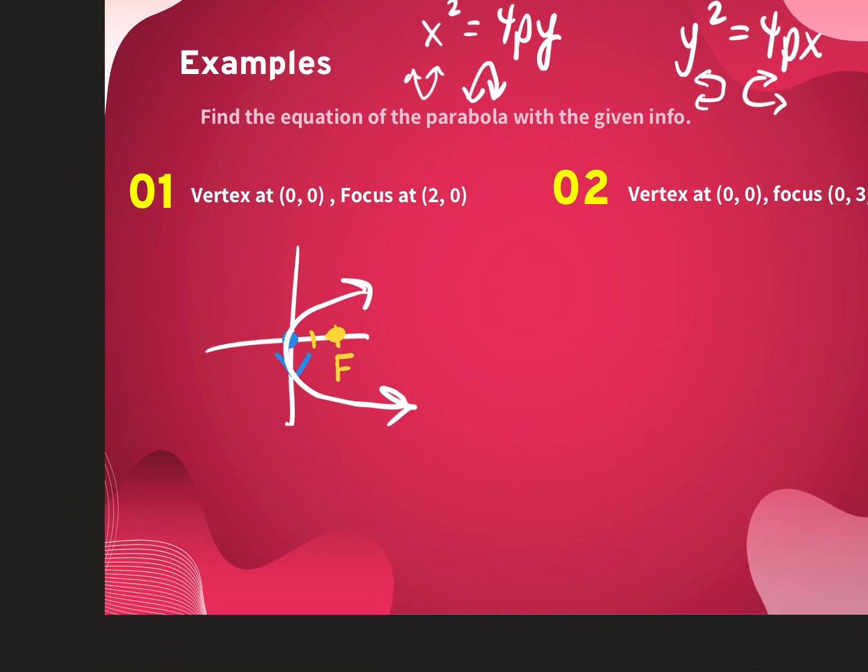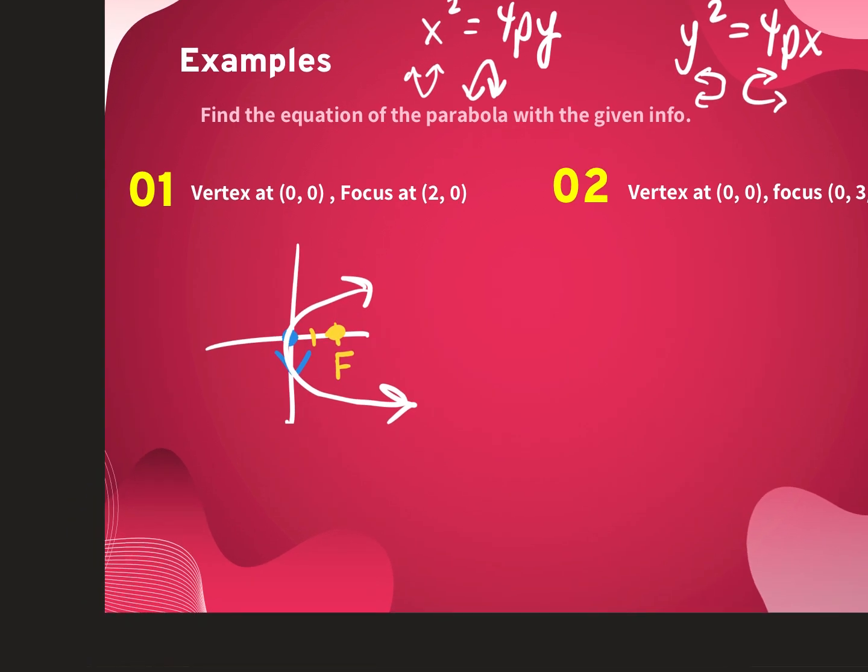So if you're going to write the equation of this parabola, which equation are we going to use? X squared or y squared? Y squared, okay? So y squared equals 4px. All right, now let's think about this. P is, remind me again what p is? The distance from where? The vertex to the focus.